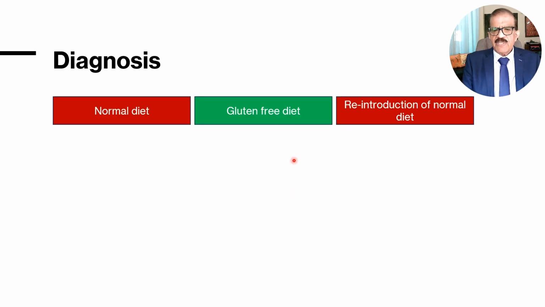So that was the lab diagnosis, but let me tell you one very simple trick. If you suspect somebody with celiac disease, and you have ruled out other conditions, and the suspicion of gluten enteropathy or celiac disease is very high, you ask the patient to avoid gluten completely, or at least as much as that person can.